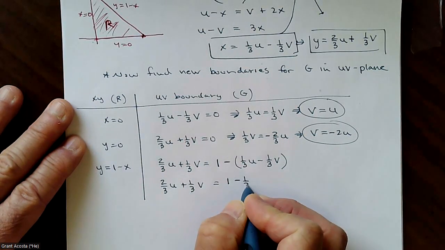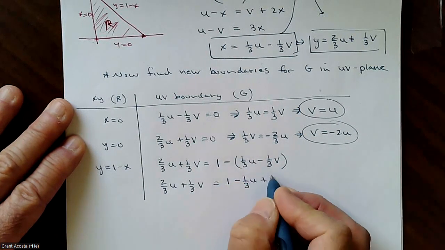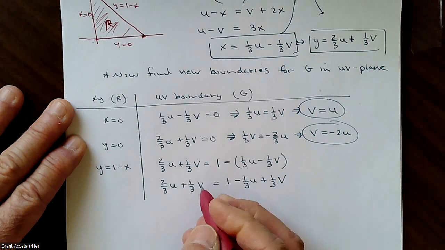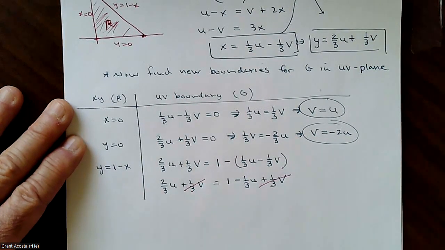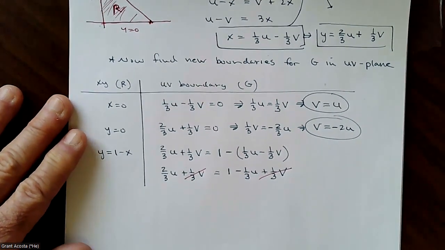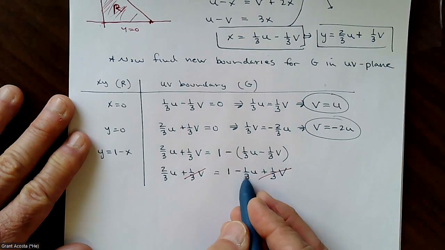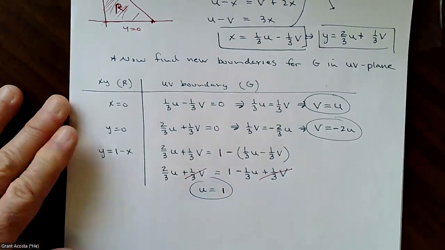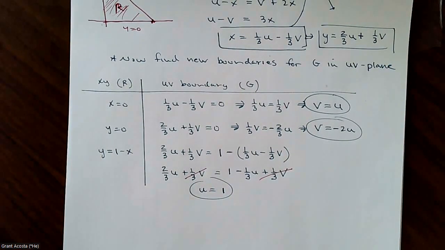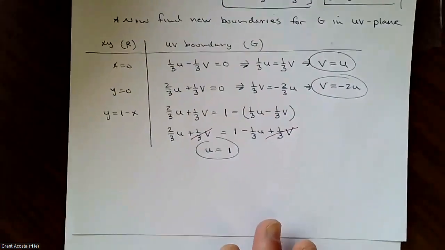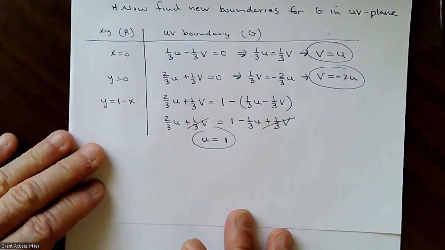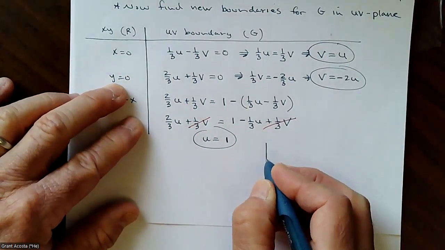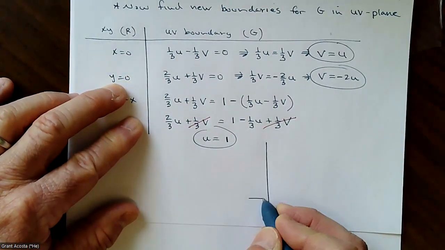This will be 1 minus 1/3 u plus 1/3 v. You can see that the 1/3 v is going to cancel out. If I add 1/3 u to 2/3 u, I just get a nice even u equals 1. And so if I put these together, we now have, in graph, my new region, which we'll call G.